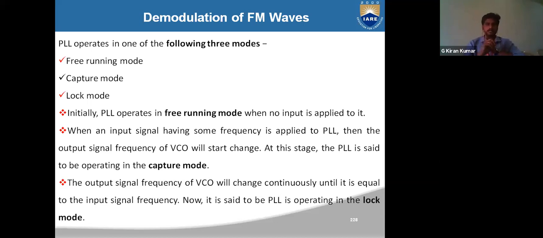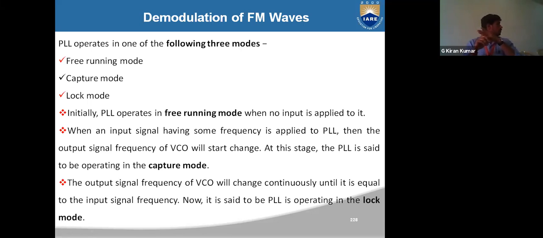Now coming to the third point, the output signal frequency of the VCO will change continuously until it is equal to the input signal frequency. This is very, very important. During free running mode, there is no error. During the capture mode, we have some error at the phase detector.